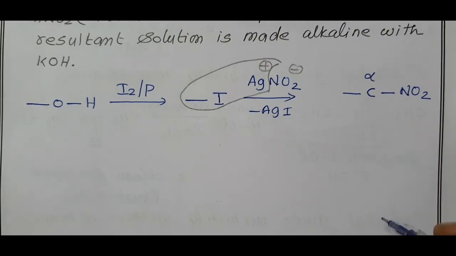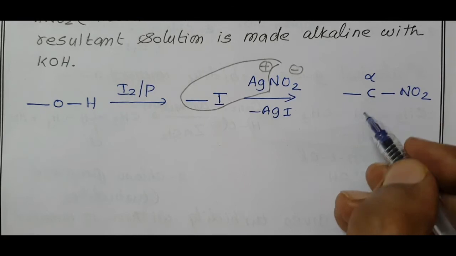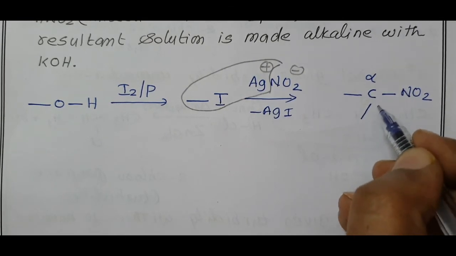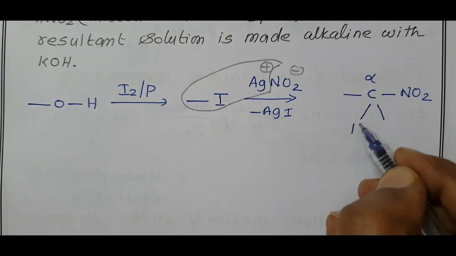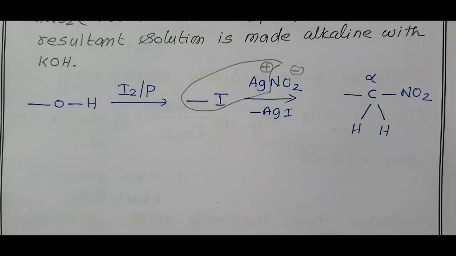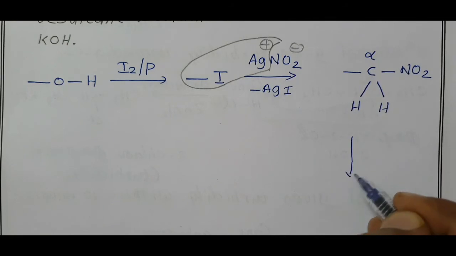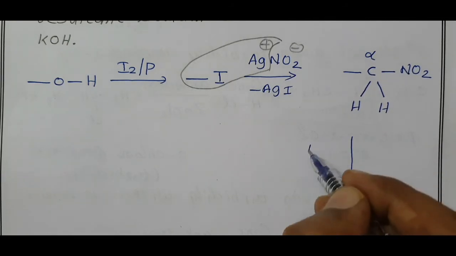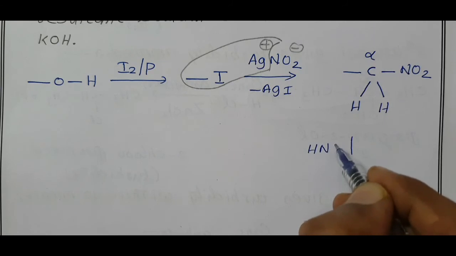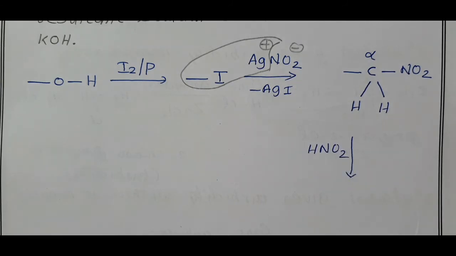To continue the reaction, now we have to see how many alpha hydrogens are present in this nitroalkane. Our next step, this compound undergoes reaction with nitrous acid. We know the molecular formula for nitrous acid, HNO2; it is a mixture of sodium nitrite and HCl.